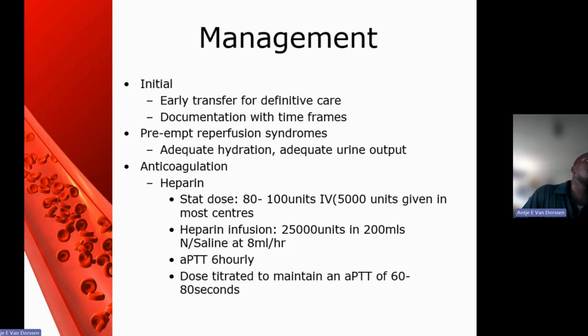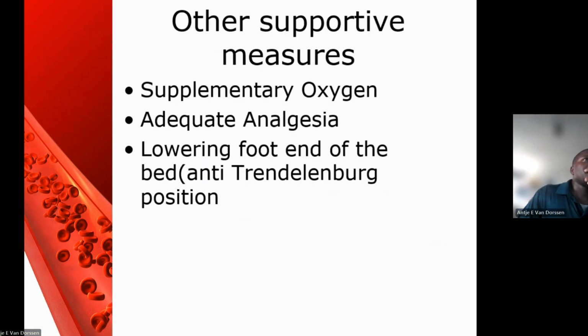And then they would give a heparin infusion with 25,000 units in 200 mils of normal saline, and then they run it at 8 mils per hour. And then after that, they will do a PTT every 6 hours, and then they titrate it according to what the value is.